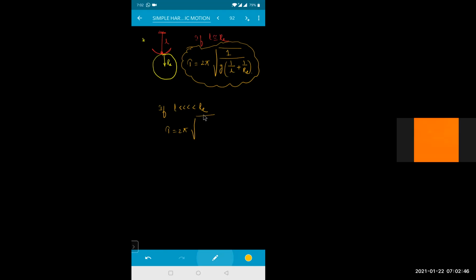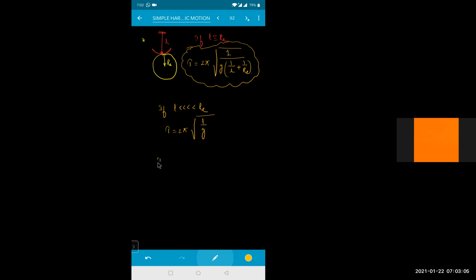Sir, normally we take the LCM, right, sir? Normally we do, but here the radius of the earth is very large, so we can neglect this compared to this, because the length is much lesser than the radius of the earth. So this will become L by G.